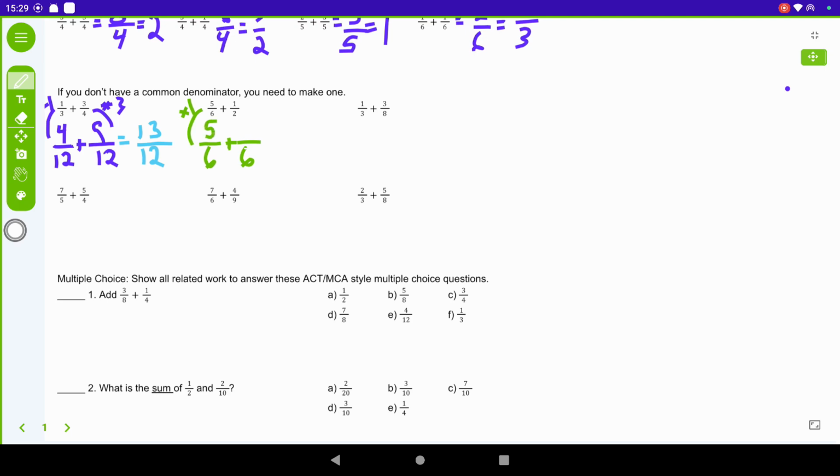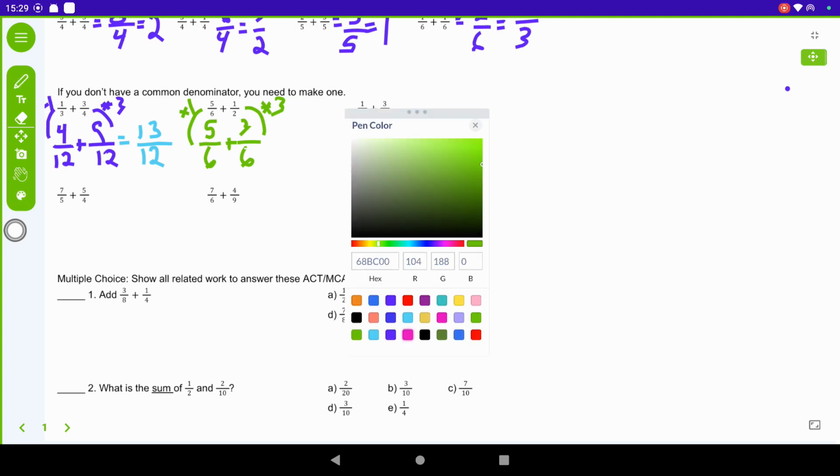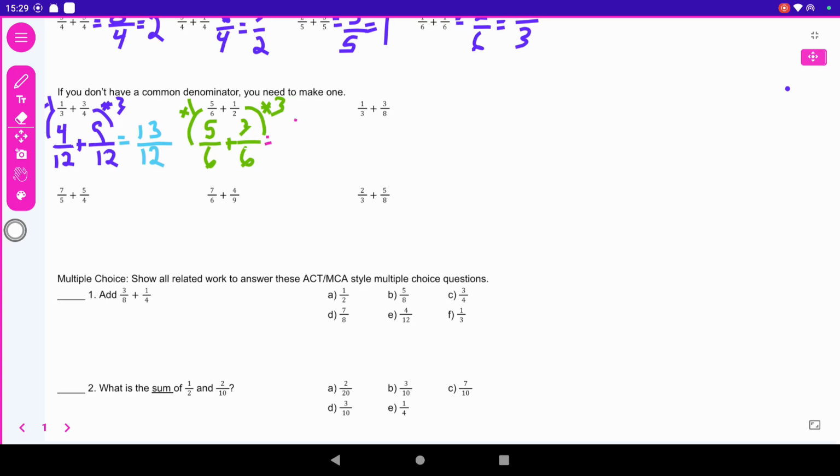So 5 times 1 is 5. On the right side, what do I multiply 2 by to get 6? And it's 3. 1 times 3 is 3. Again, adding your numerators. So 5 plus 3 is 8 over your common denominator of 6. And then reduce that fraction to get 4 over 3.